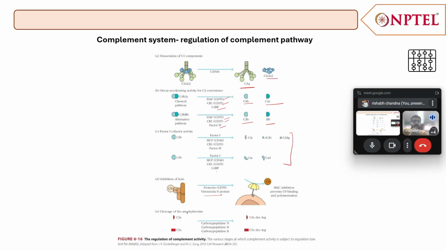And then we have the anaphylotoxins. Carboxypeptidases N, B, and R cleave C3A and C5A, leading to the inhibition of the inflammatory response. Okay, so this was the diagrammatic representation of what we have studied in the last slide.